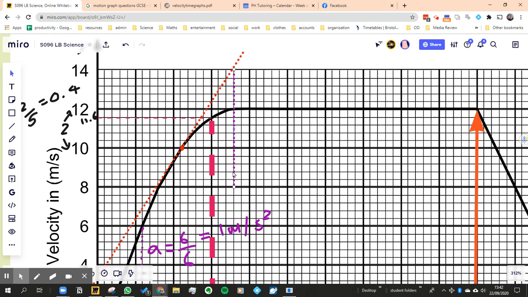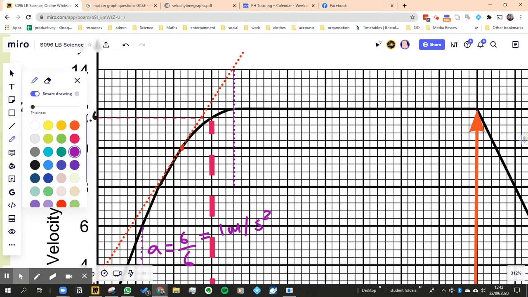Thank you, that's good. Okay, and now let's draw another one to here. That's much better. Okay, so we're going to use this purple triangle to calculate the gradient of that part of the curve.